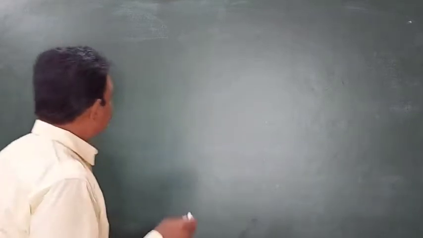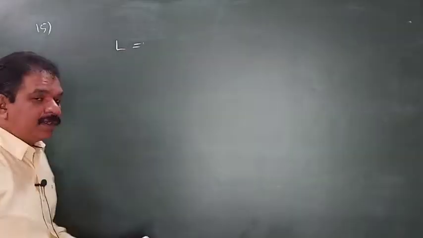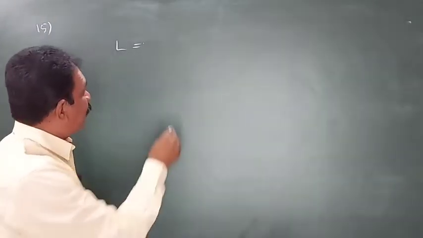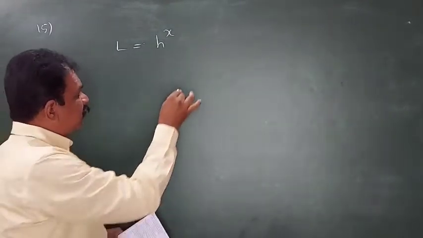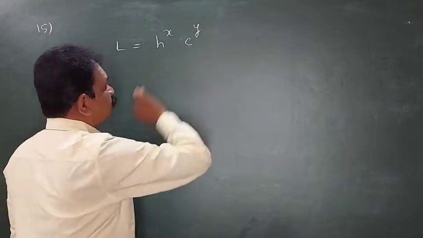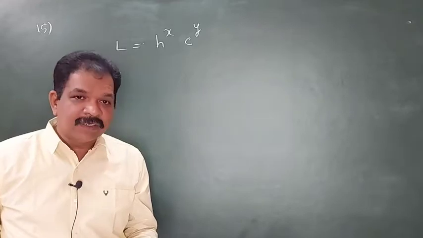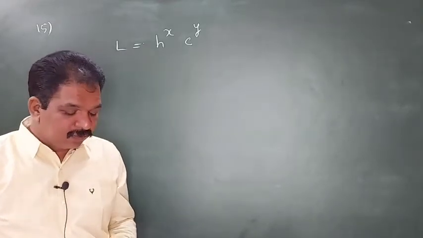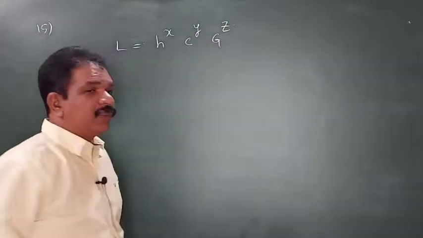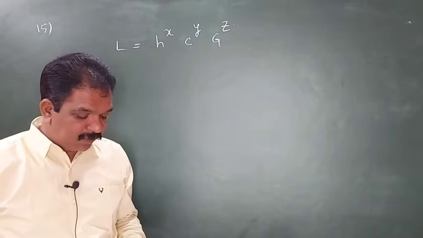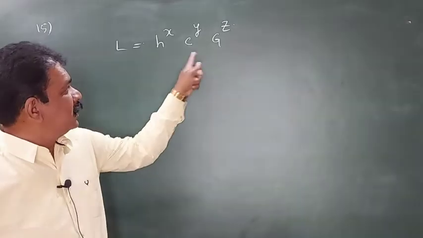What they are asking is, length is dependent on Planck's constant, next, the speed of light in vacuum, indicated by the letter C. There is a printing mistake, modify it as C. Then Newton's gravitational constant G. So L = h^x c^y G^z. Then express this L in these terms.